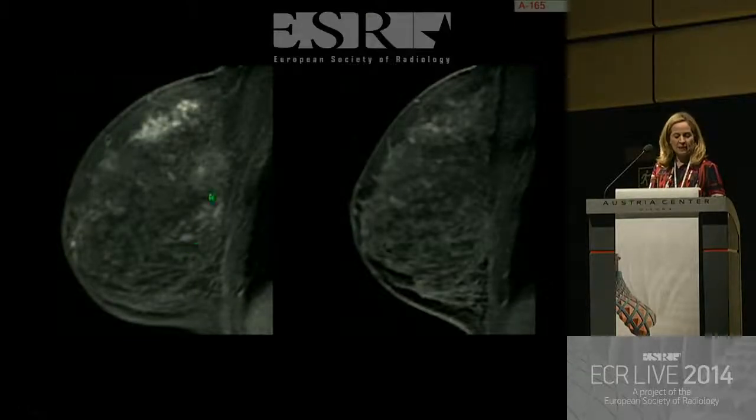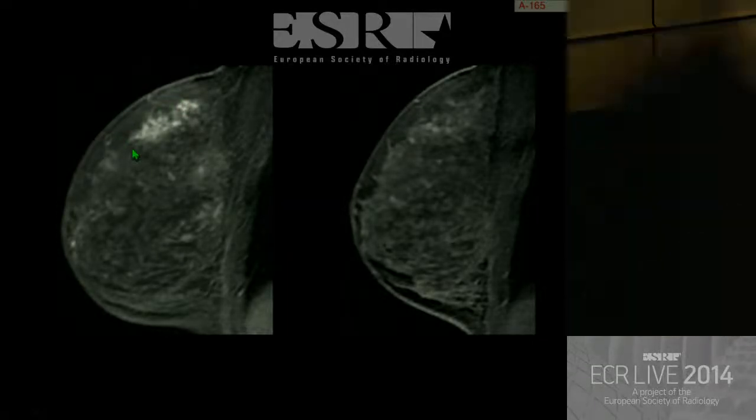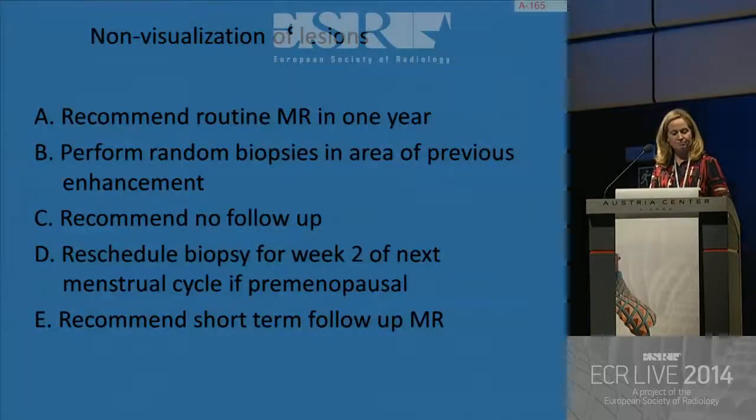This is a lady who came to our clinic for an MR-guided biopsy of this segmental non-mass-like enhancement in the superior breast. But at the time of the MR biopsy, you can see the enhancement is gone. So with regard to non-visualization of lesions at the time of biopsy, do we A, recommend a routine MR follow-up in 1 year? Do we B, perform random biopsies in the area of previous enhancement?